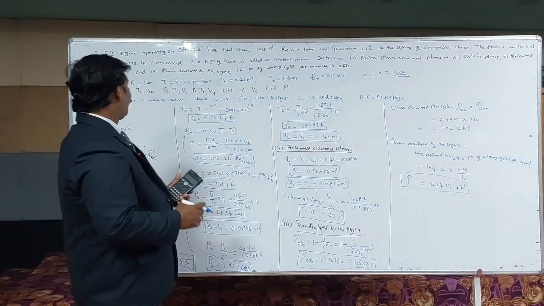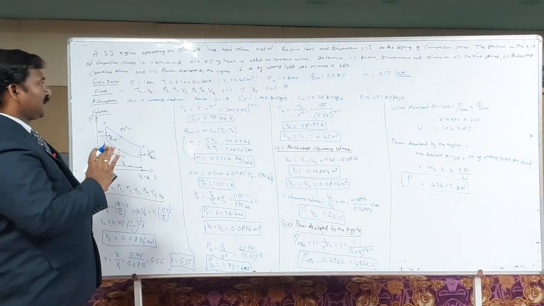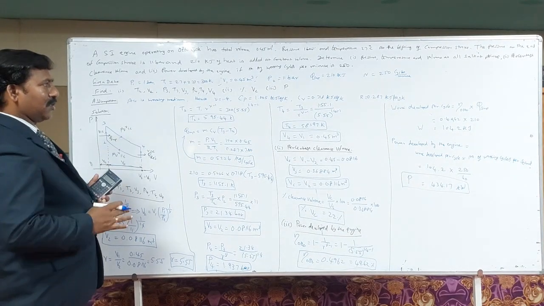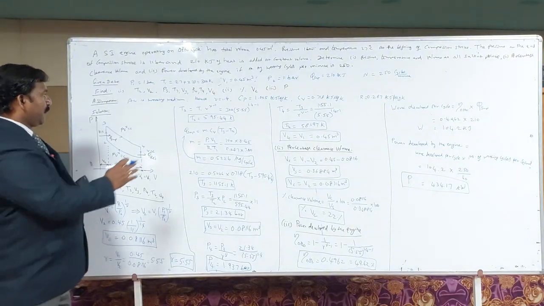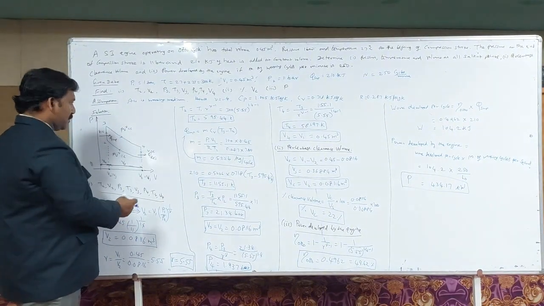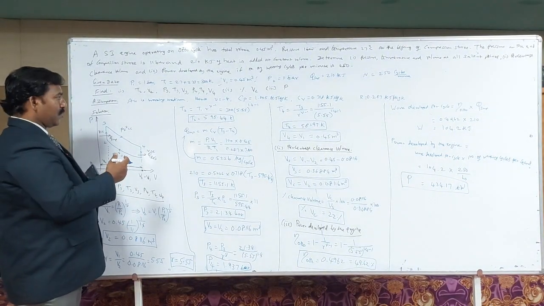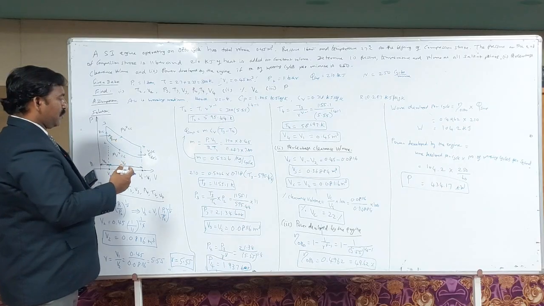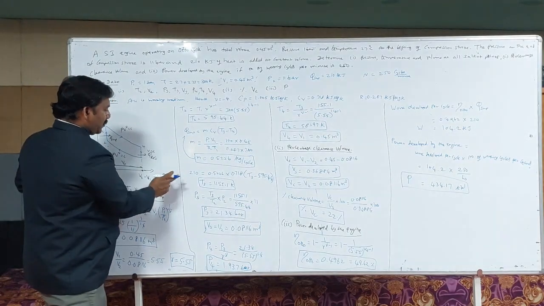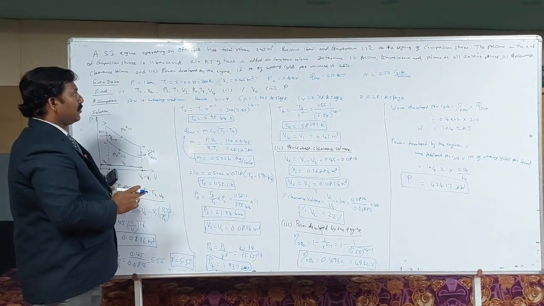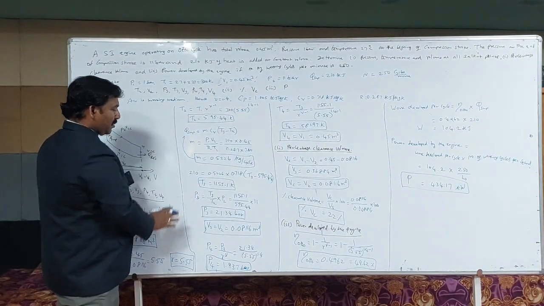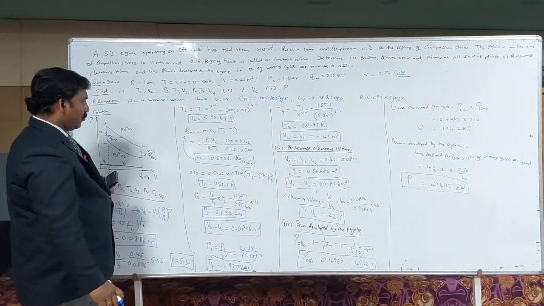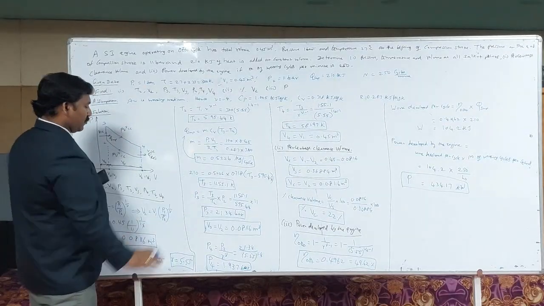So we have found out all the properties at salient points, the percentage clearance volume and the work developed. If you look here, the temperature T2 is more than T1, since it is an isentropic compression process. From process 2 to 3, there is a heat supply of 210 kilojoule, therefore T3 is more than T2.